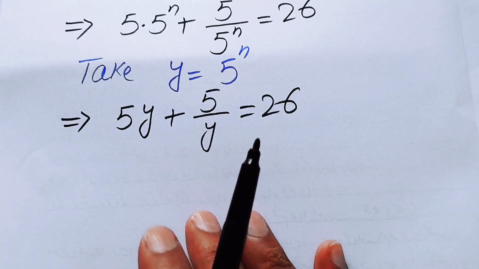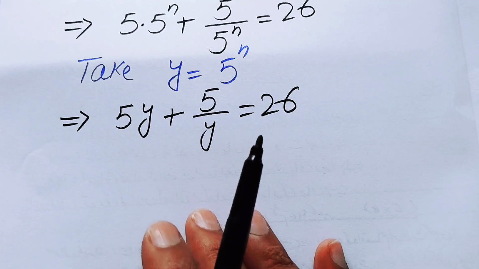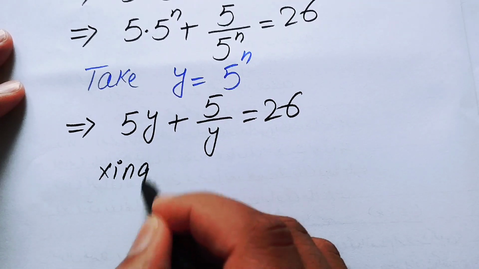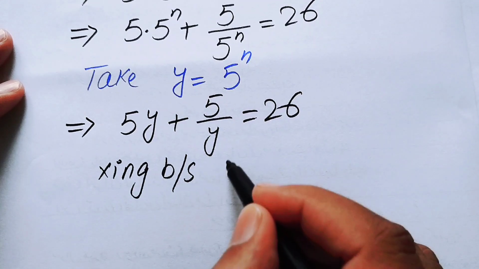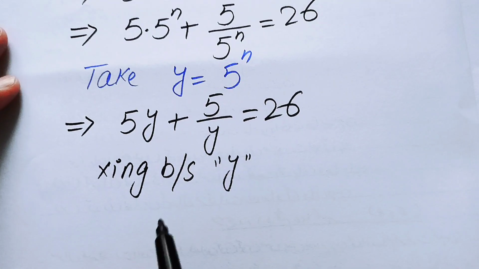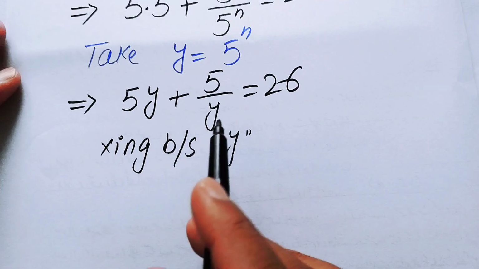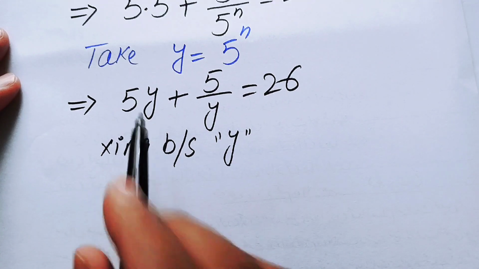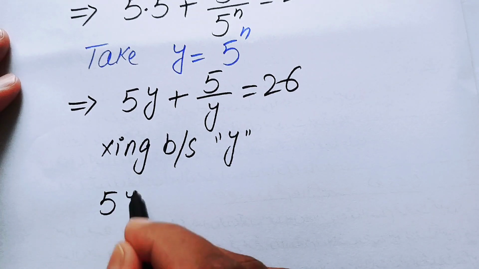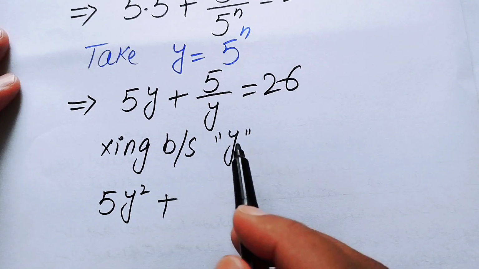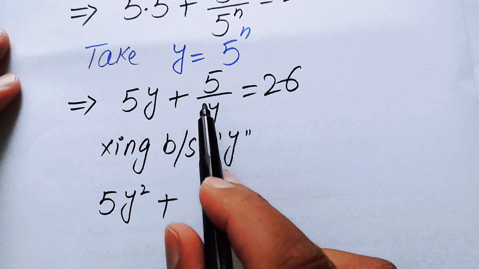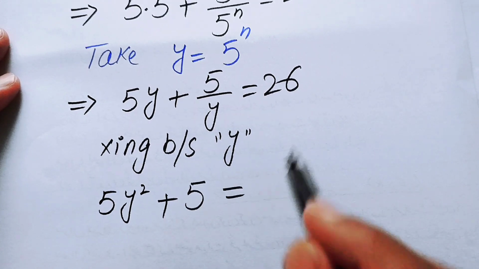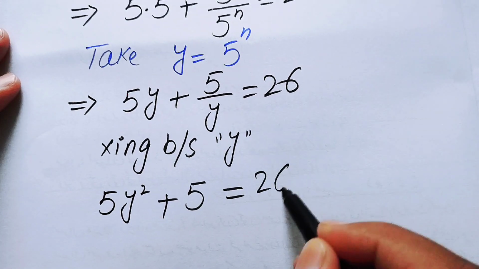After this step we will make the simplification, so now we multiply both sides by y. When you multiply y on this term you will get 5 times y squared, plus when you multiply y on this term you will cancel out the y's and you get plus 5, is equal to 26y on the right hand side.